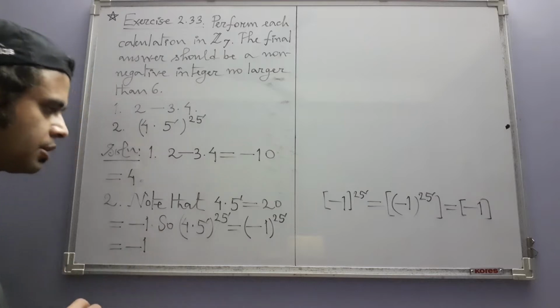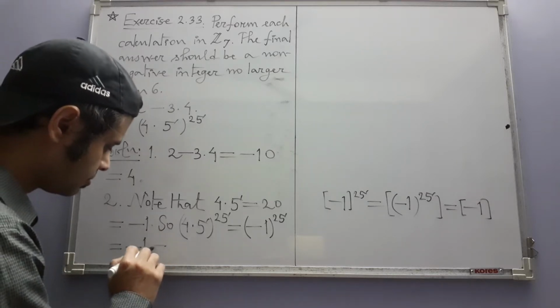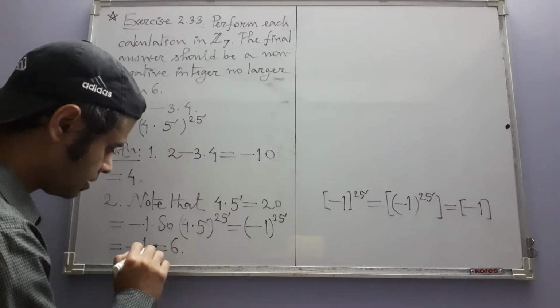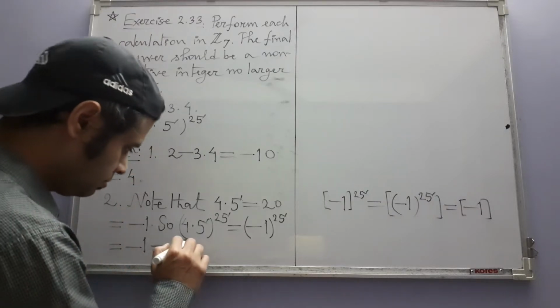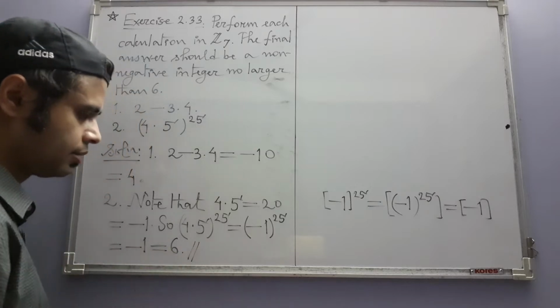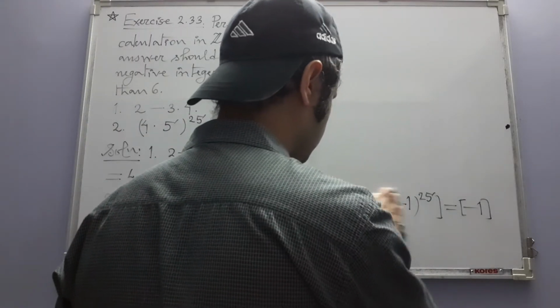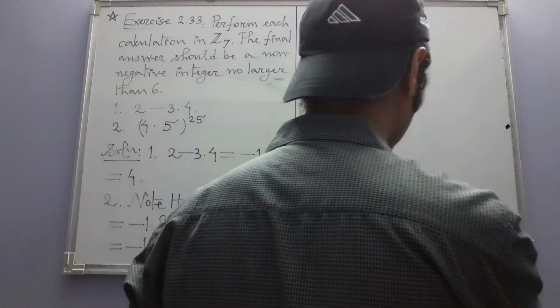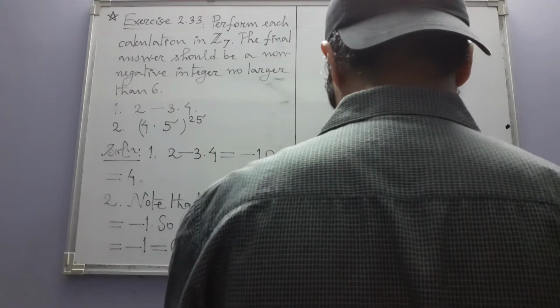However, minus 1 is congruent to 6 modulo 7. So here the answer is 6. 6 is less than or equal to 6, so that extra requirement is also satisfied. So the first one is 4 and the second one is 6.